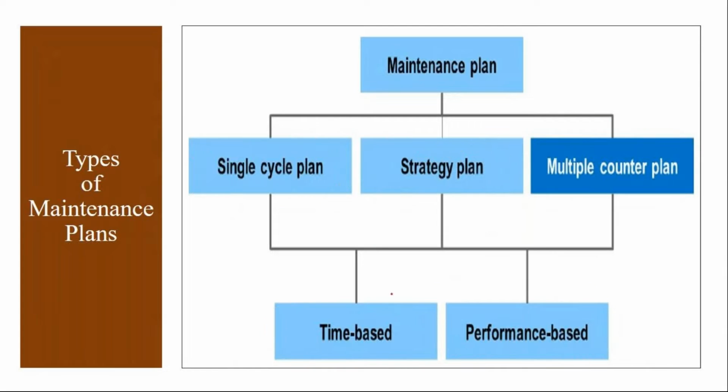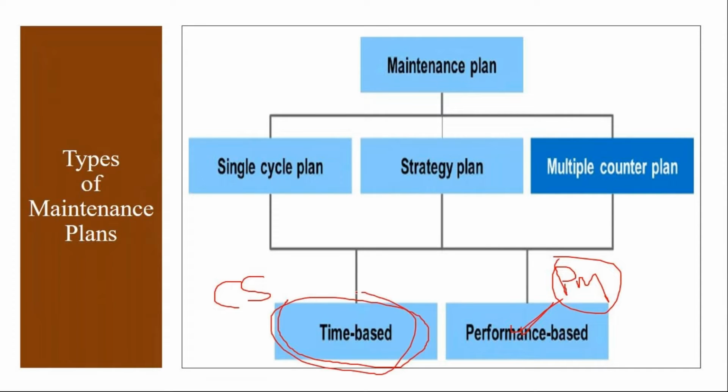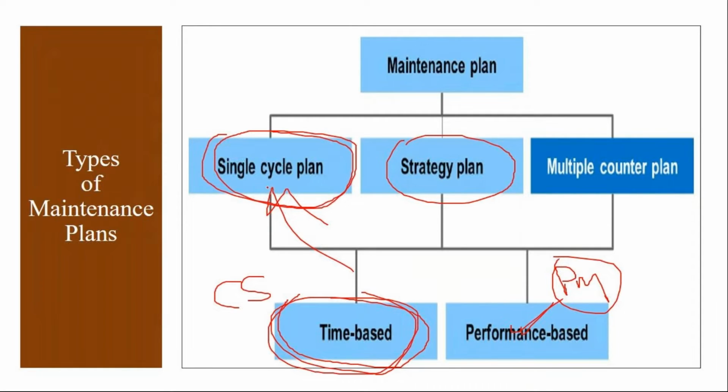The performance based ones are normally used in the plant maintenance module, PM module. In the CS customer service module, we will be using the time based, and that too the single cycle plan. Strategy plan they will normally not use; they will use this in the plant maintenance module. So we will be covering time based with single cycle plan.